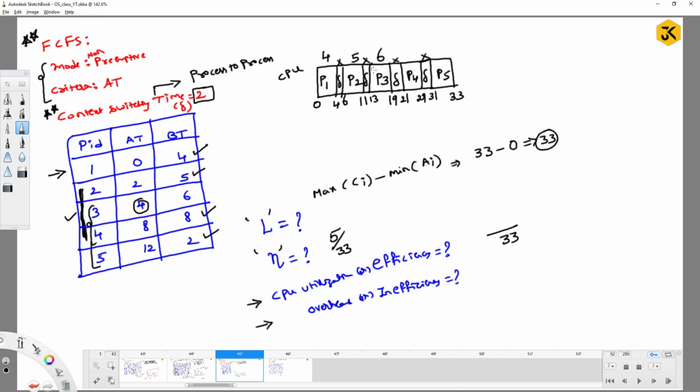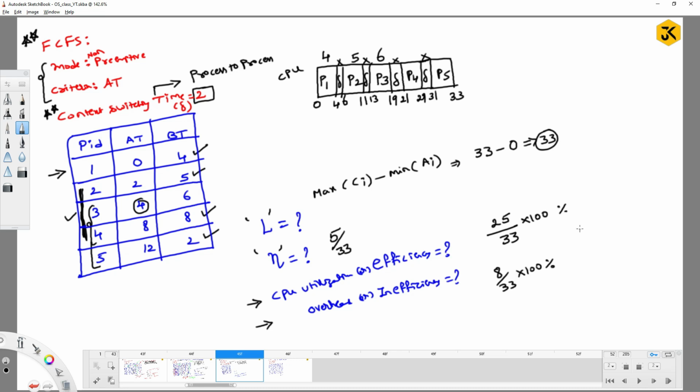So how many switches in total? 4. 4 into 2, 8. If you remove the 8, that will be 25 by 33 into 100% is the CPU utilization. What is the inefficiency then? 8 by 33 into 100% is the inefficiency of CPU utilization.